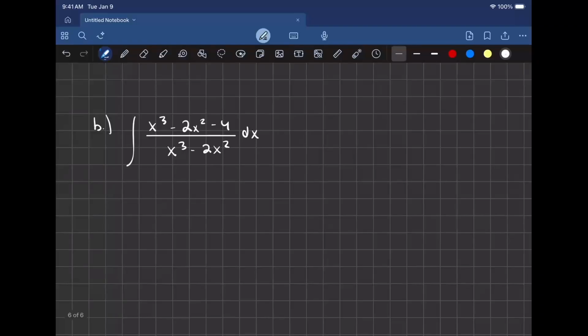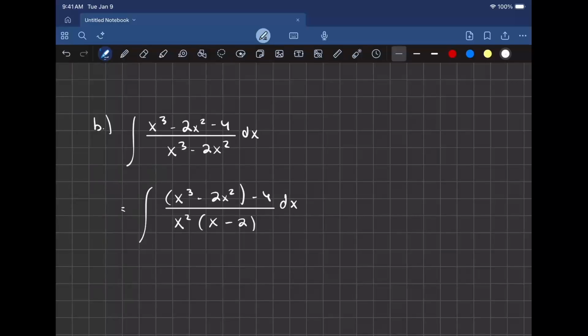So I have an x cubed minus 2x squared and an x cubed minus 2x squared here, so I want to leverage that. So let's write this as the integral of x cubed minus 2x squared in parentheses, minus 4, over, and I'm going to factor this denominator, so I'm just going to take out an x squared term. So x squared times x, and then this is just minus 2 dx.